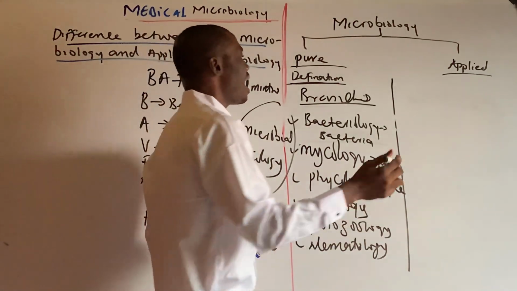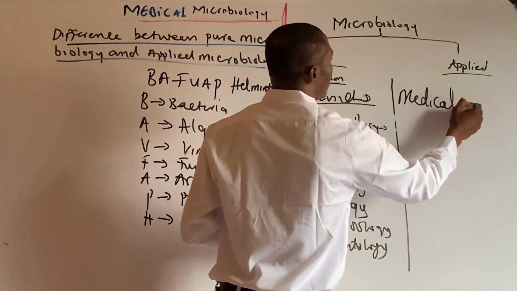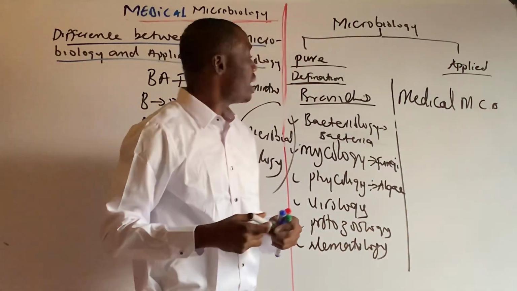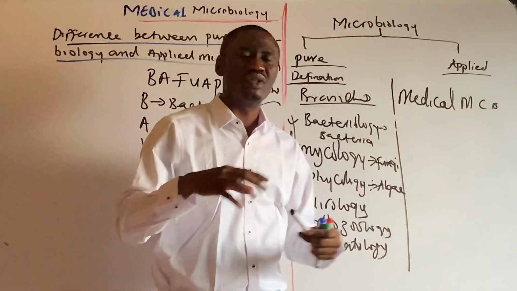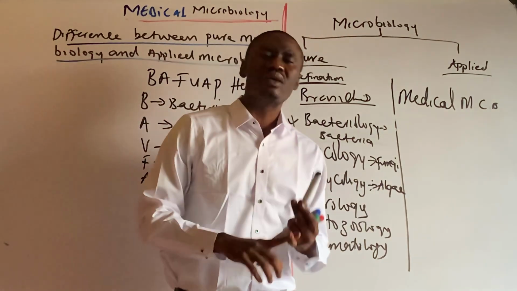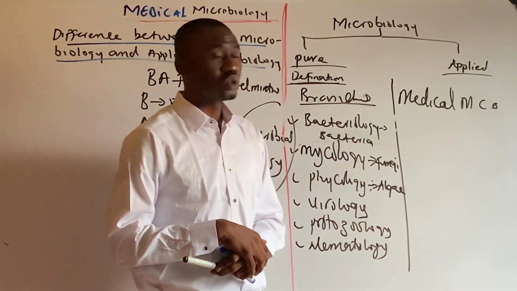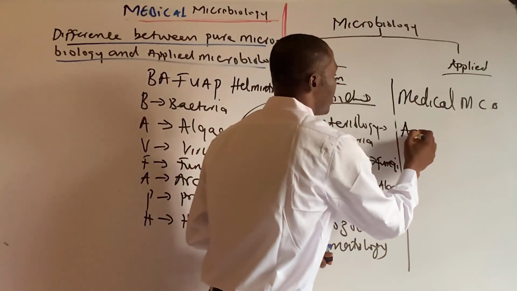So we're looking at applied, the first one there, medical microbiology. In medical microbiology, we're using the knowledge we got from pure microbiology into solving real-world problems of diagnosis, of prevention of diseases, and of curative measures to infectious diseases. So we have agricultural microbiology.